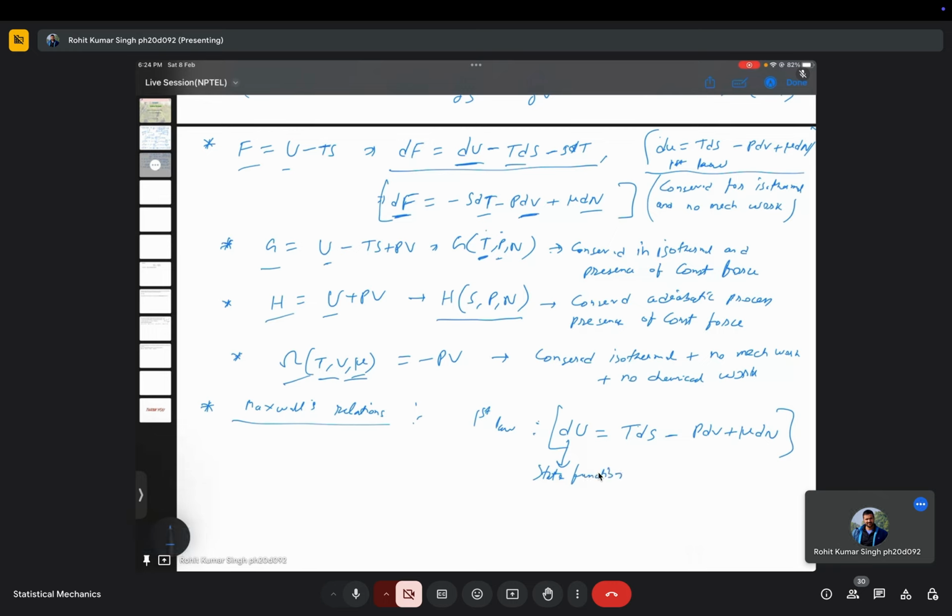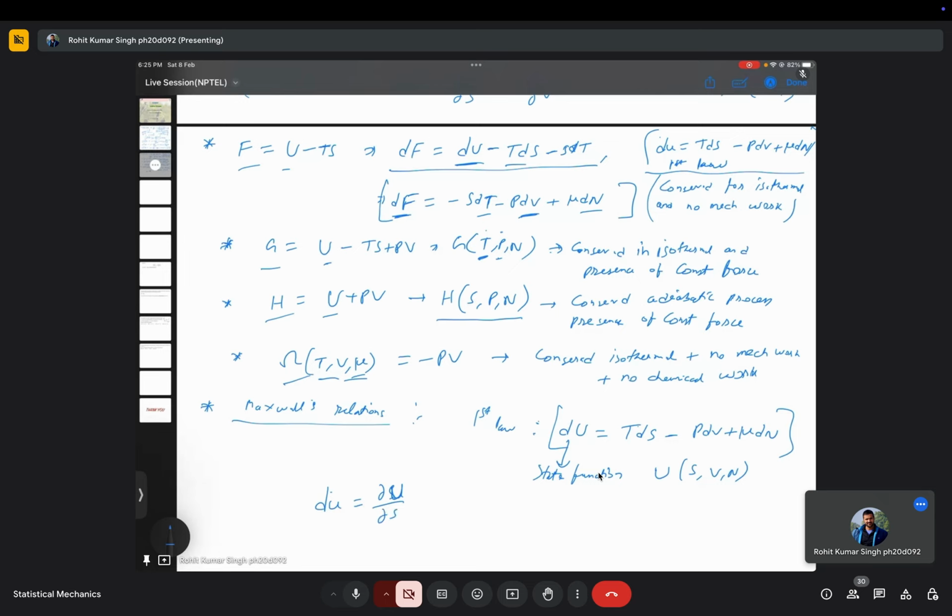and so we can have the finite change in this state function, and we know that it depends on S, V, and N. Okay, it's a function of entropy, volume, and particle number. And so the finite change in internal energy we can write like this.